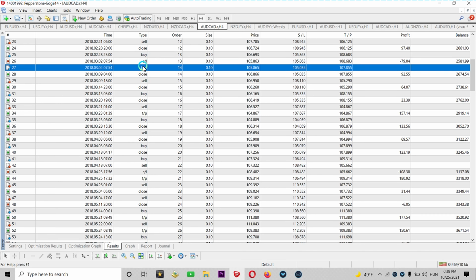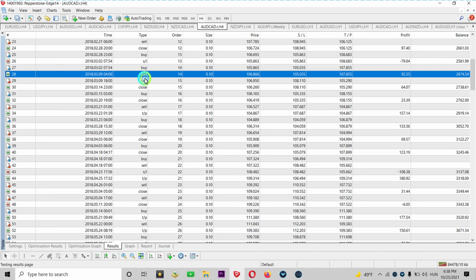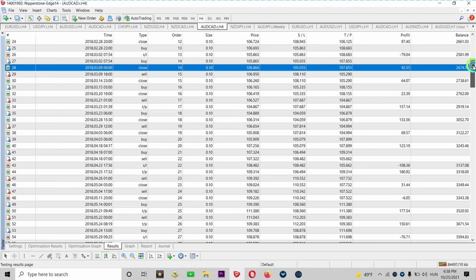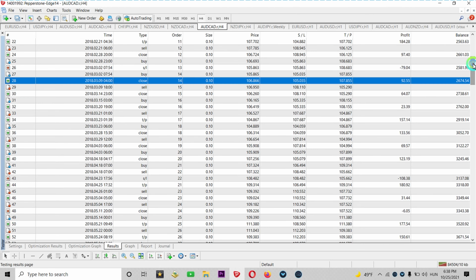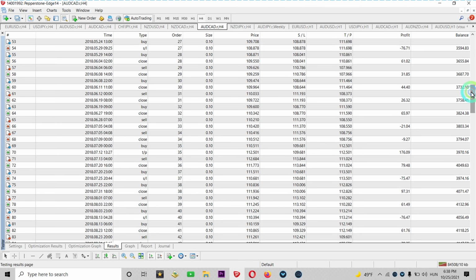For example, here's a buy trade, and here's a close, and this means that it was closed by the dynamic exit before stop loss or take profit, because it was a better opportunity to close the trade.